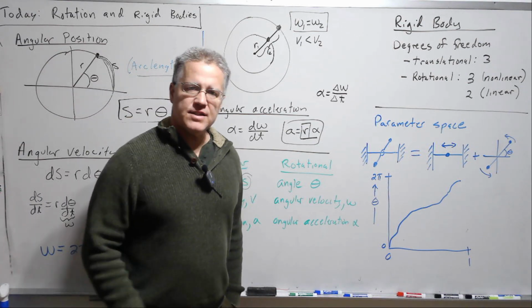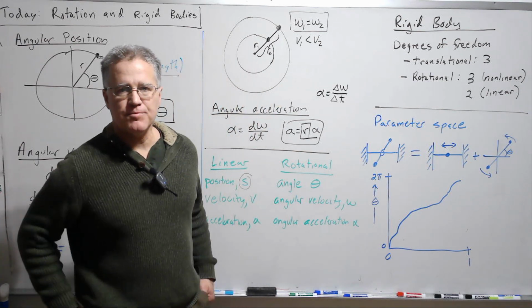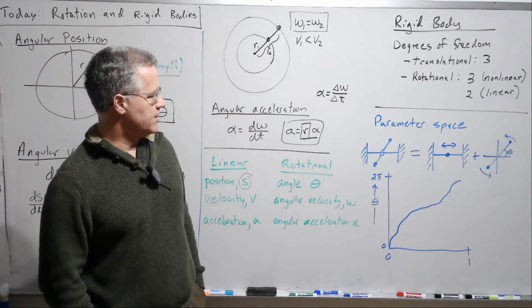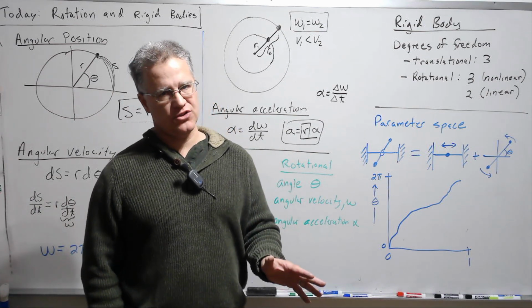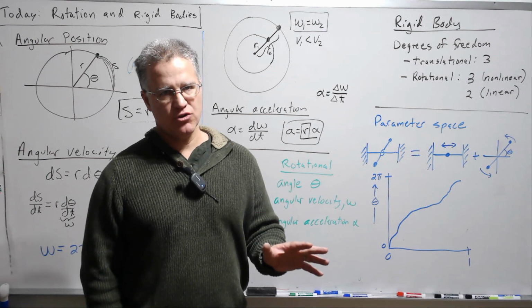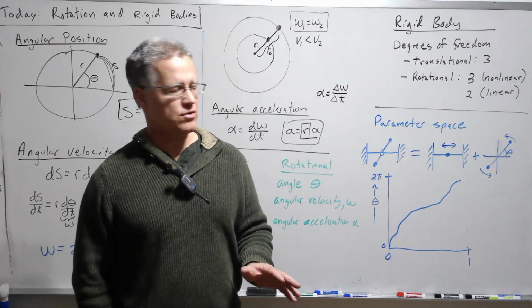All right, that leads us to this idea of parameter space, and in particular, trajectories in parameter space. And so let's just take an example of one-dimensional center of mass motion and one dimension of rotational motion.